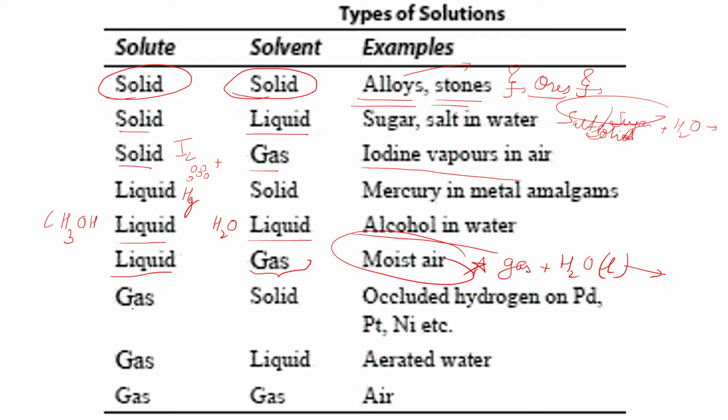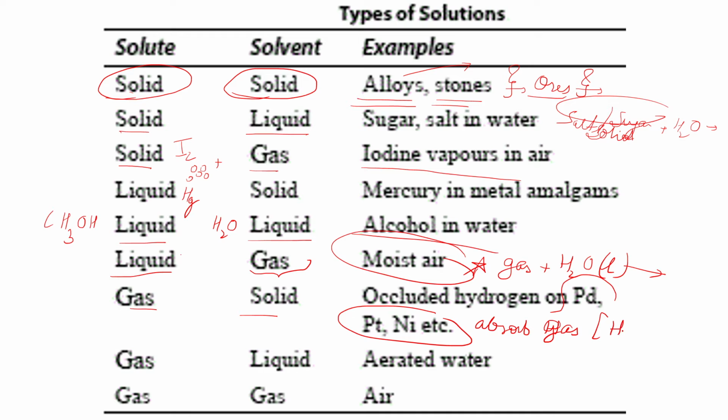An example of a gas solute and solid solvent is occluded hydrogen on platinum and nickel. Basically, these metals have a tendency to absorb gases.